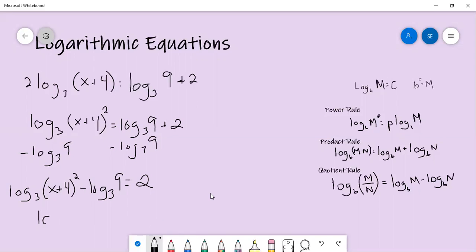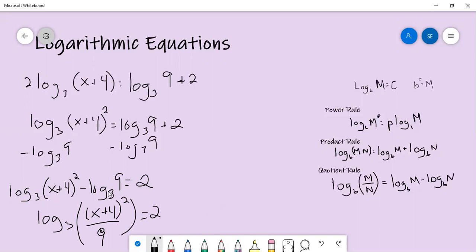So we have log base 3 of x plus 4 squared divided by 9, because when we subtract, it's a division. All of this is equal to 2. So this is the first part: we want to isolate a single logarithmic expression.